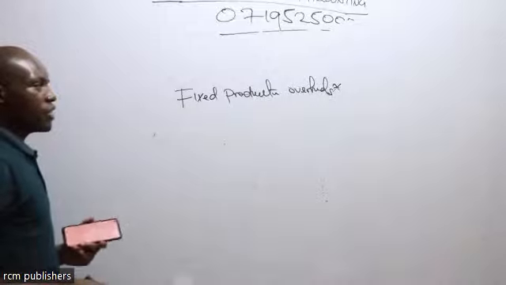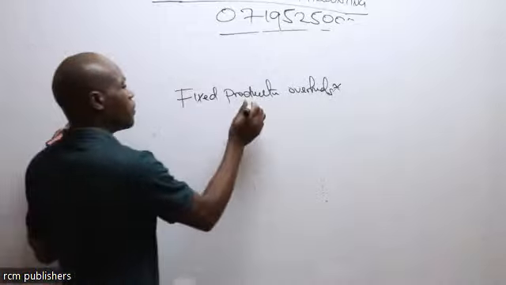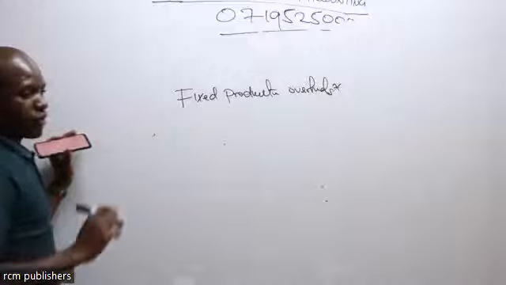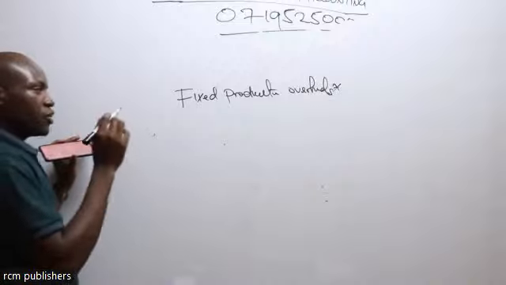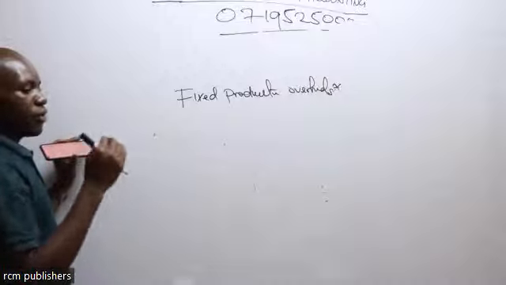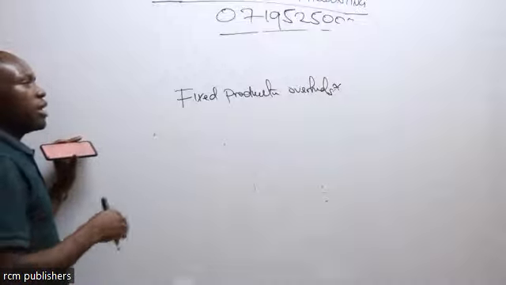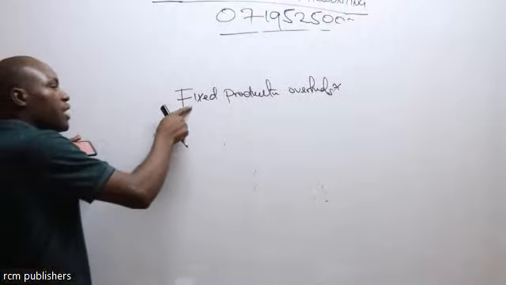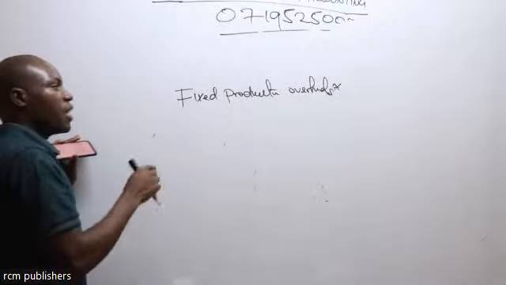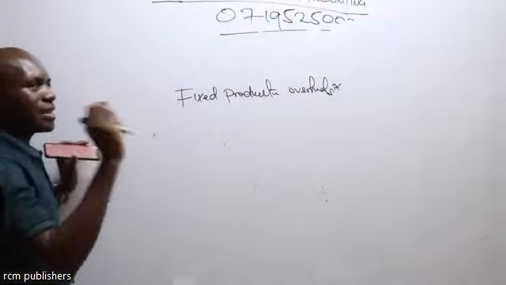Because one method argues that the fixed production overhead cannot be part of the cost of the product, while the other one says that the fixed production overheads is part of the cost of the product. And in applying that, one charges this as an operating expense, while the other one puts it as an asset.